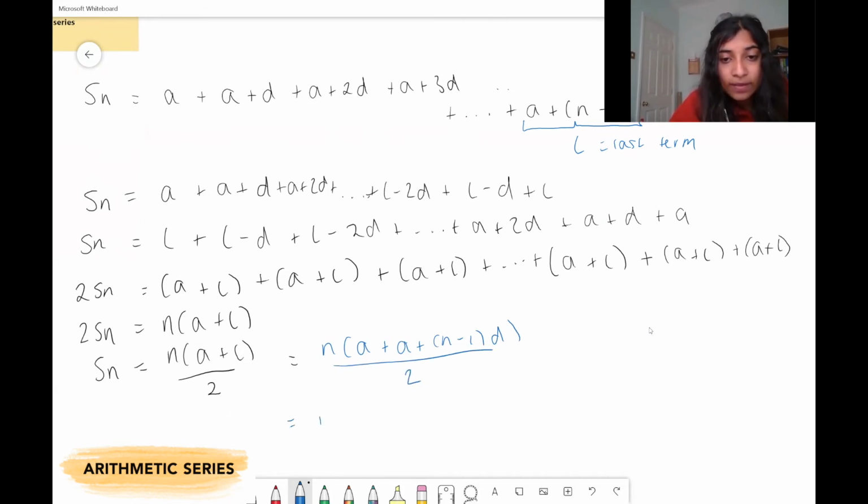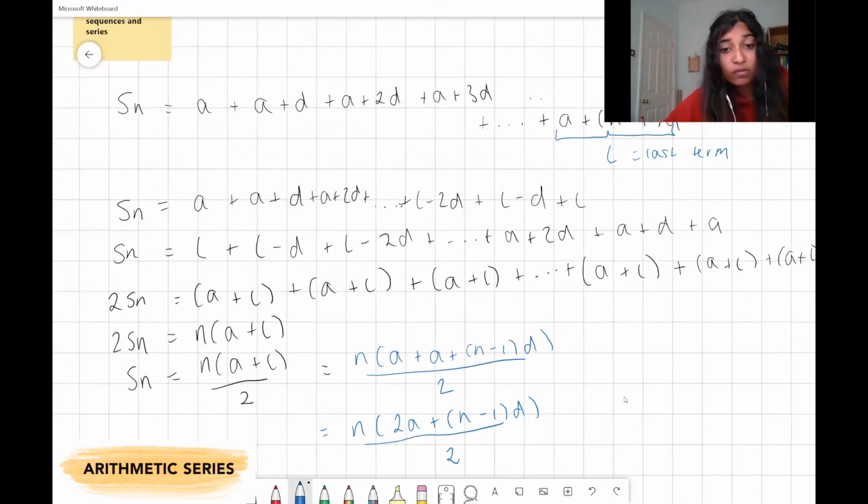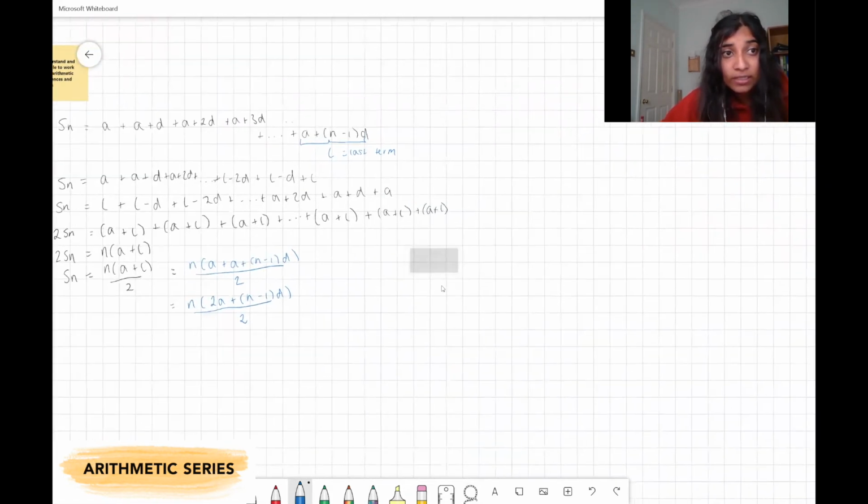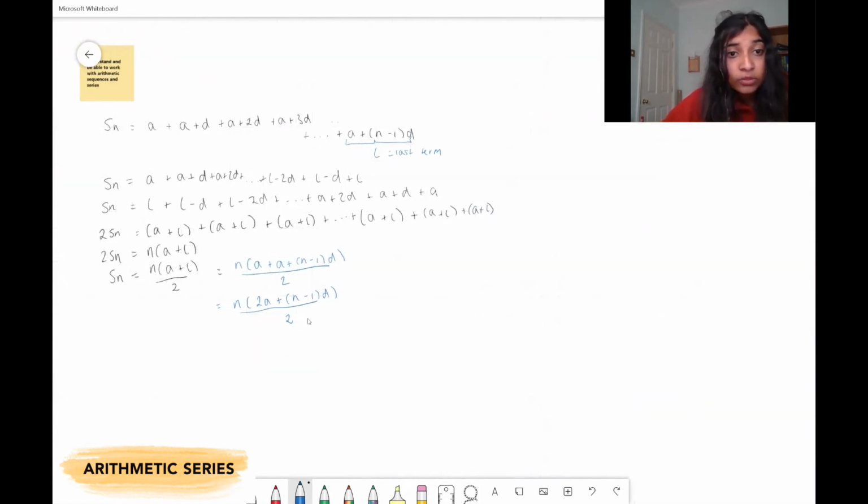So then we would have n times (2a plus (n minus 1)d) all over 2. That's just two ways to write out the formula of an arithmetic series. You would get this formula in your formula booklet, so don't worry about memorizing it. But if they ever ask you how to prove it, this is how you would do it.